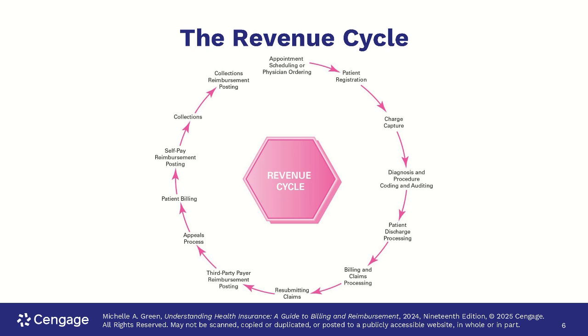We may need to resubmit claims. We may need to appeal the claim. And then again, if the patient has a cost sharing provision in their plan, like insurance company pays 80%, patient pays 20%. We are billing the patient for that work. And then if the patient doesn't pay us, we are sending them to collections and still attempting to collect that money.